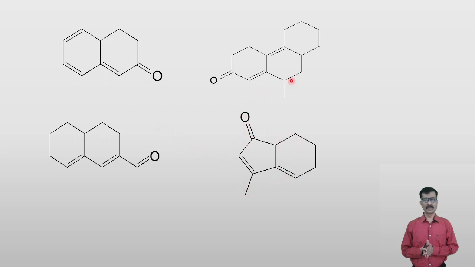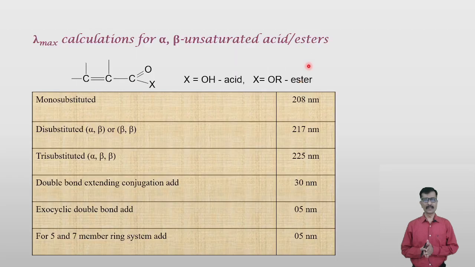One more thing, let me tell you about this structure: if we look for exocyclic double bonds, there are 2 carbon-carbon double bonds. This double bond is exocyclic to ring B, this double bond is exocyclic to ring A as well as ring C. Likewise, there are a total of 3 exocyclic double bonds. You can try and we'll see.